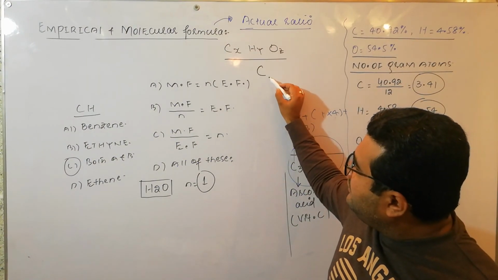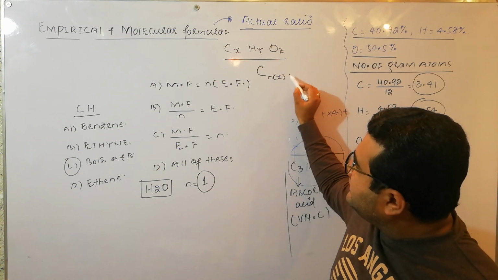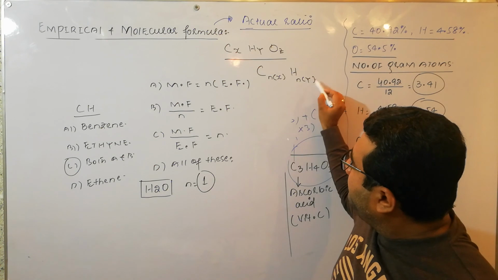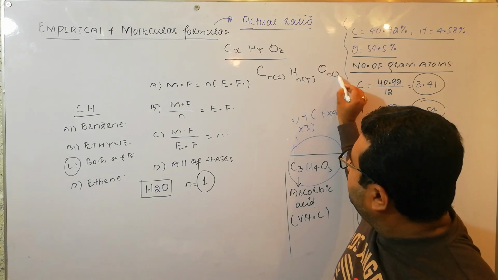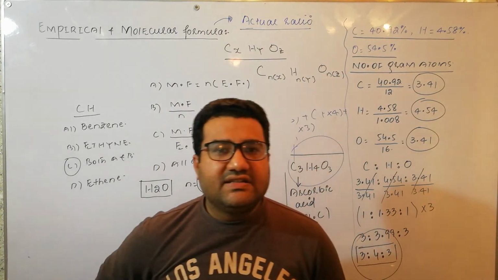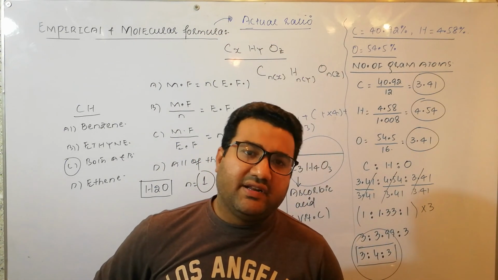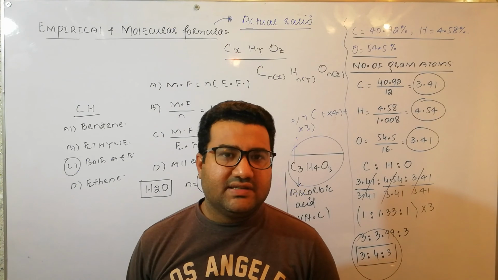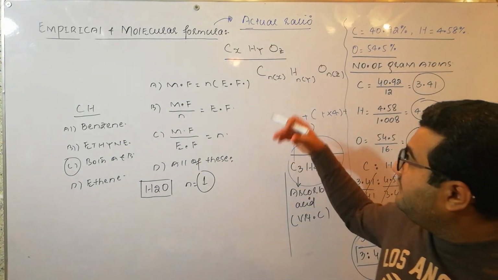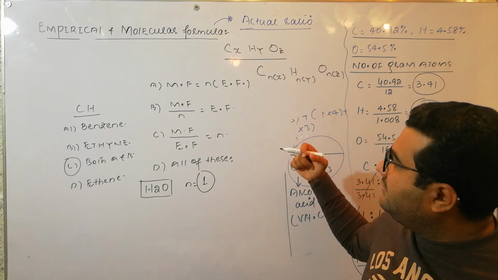Molecular formula will be C N into x, H N into y, and O N into z. Because every number written below the symbol of the element is multiplied with N, that will be its molecular formula. In this way, we can find the empirical and molecular formula.